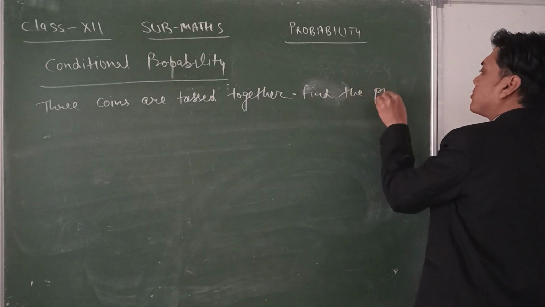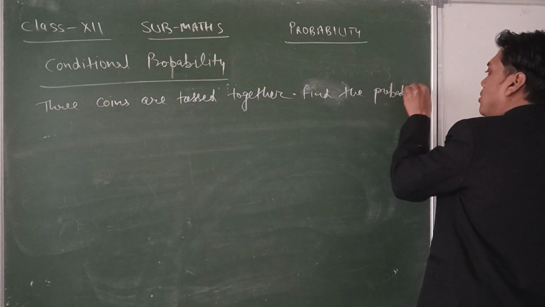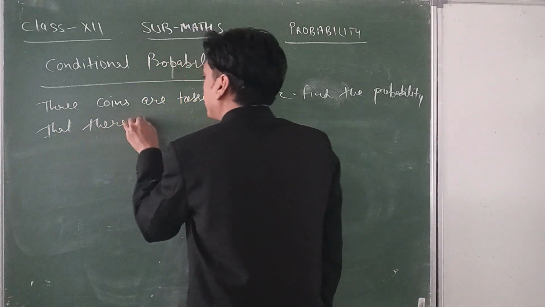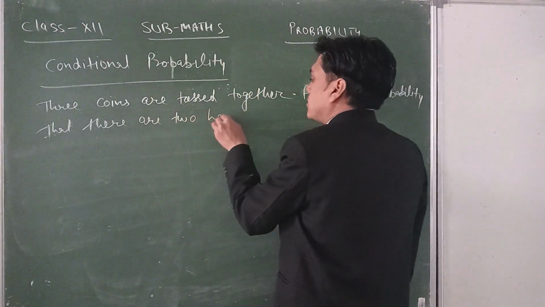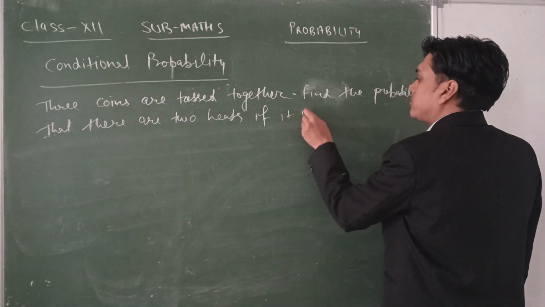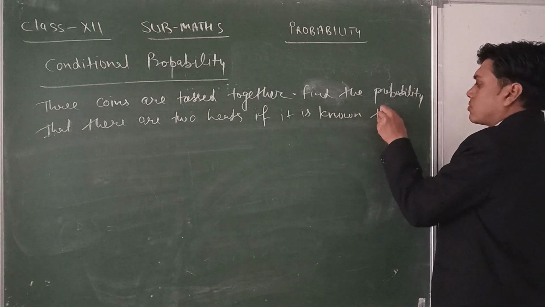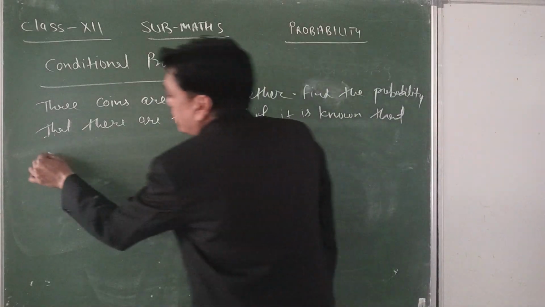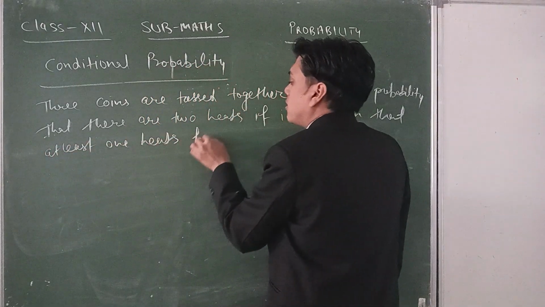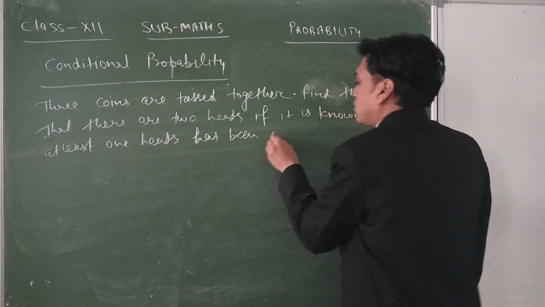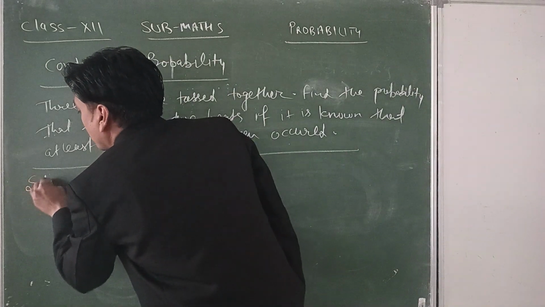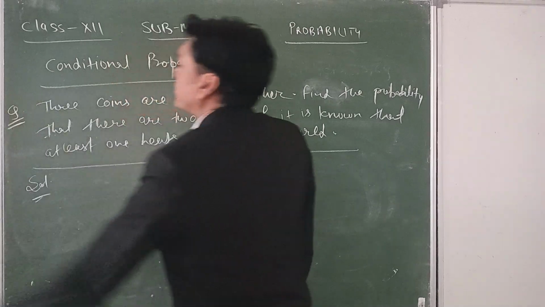Find the probability that there are two heads, if it is known that at least one head has occurred. So this is the statement.